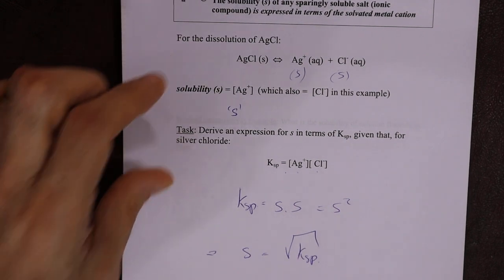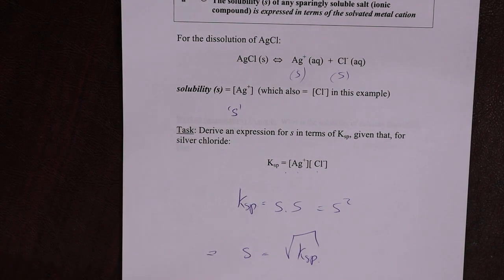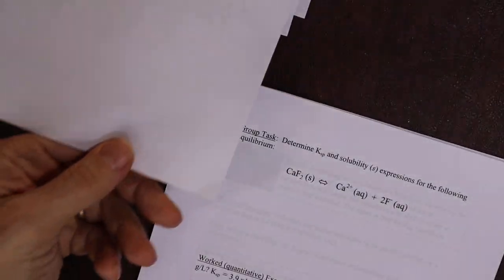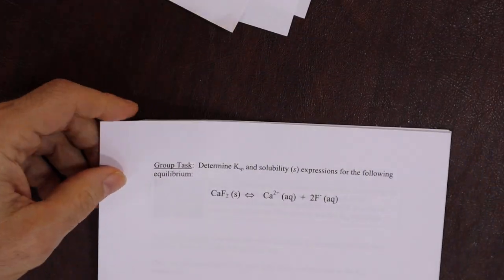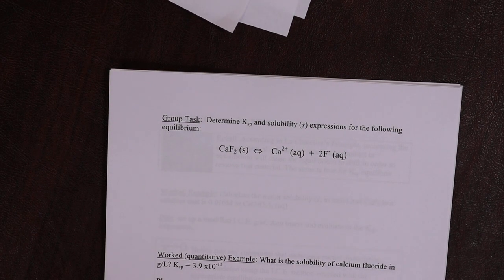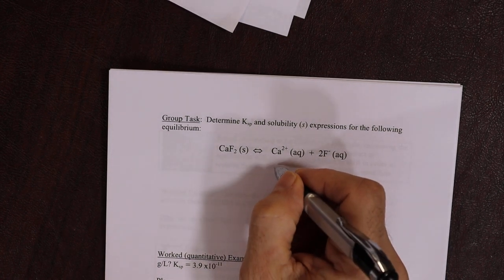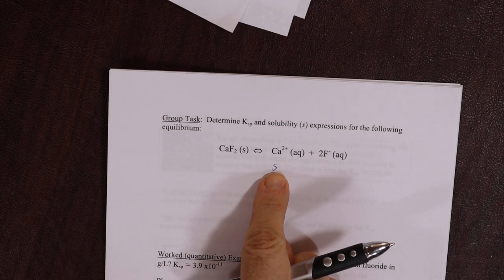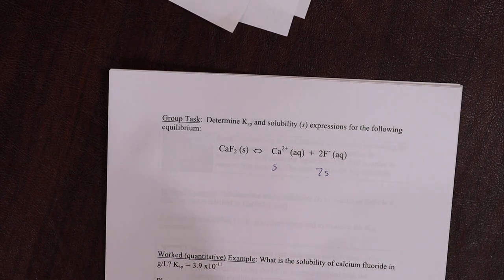All right. Now, that gets a little complicated when we look at things with multiple products, for example. So determine Ksp and solubility expressions for the following. Here, the solubility of the metal is S, and because there's two fluorides, that is 2S.